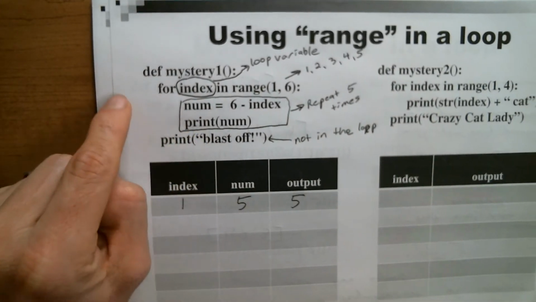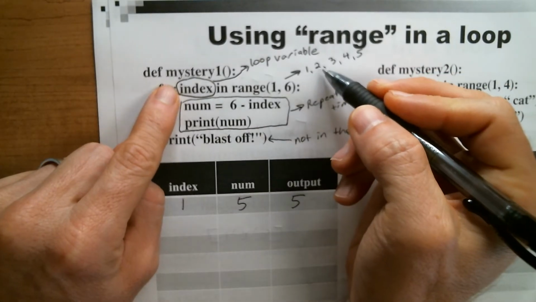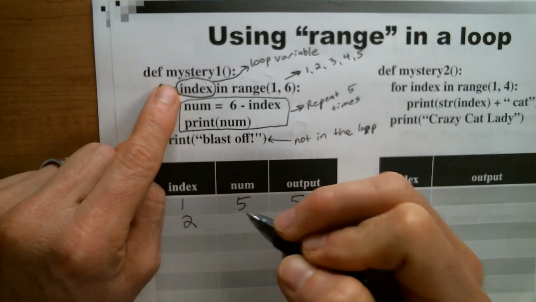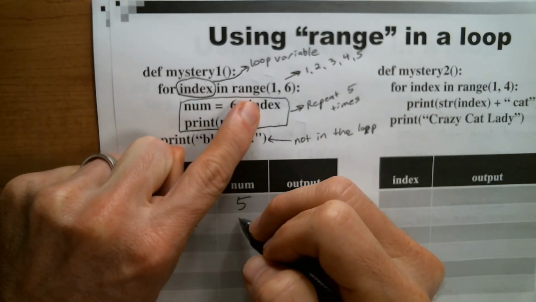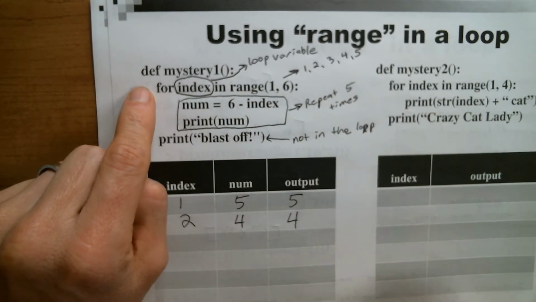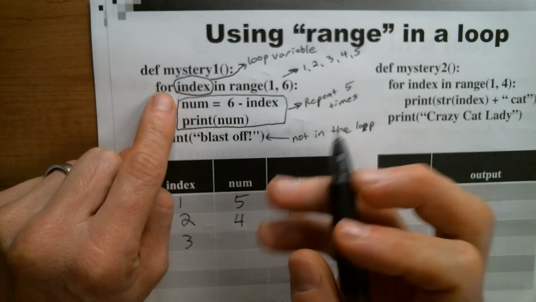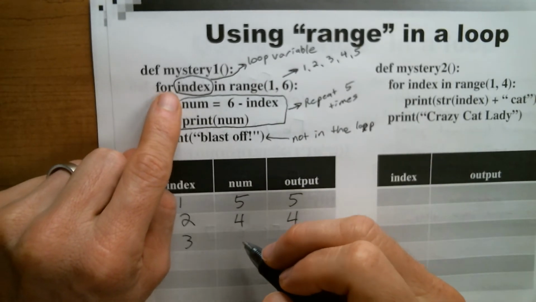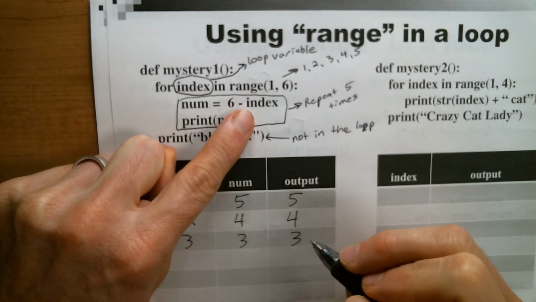Then we loop back up. Index now goes to our second piece here, which is a 2. Num now gets the value 6 minus 2, or 4, and then we print out num. I think you can see what's happening here. Then index is going to be 3. 6 minus 3 is going to be 3. We're going to print out 3.